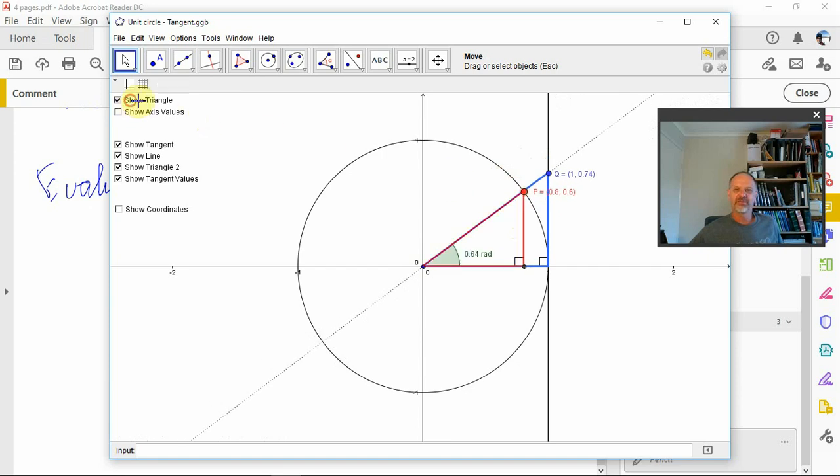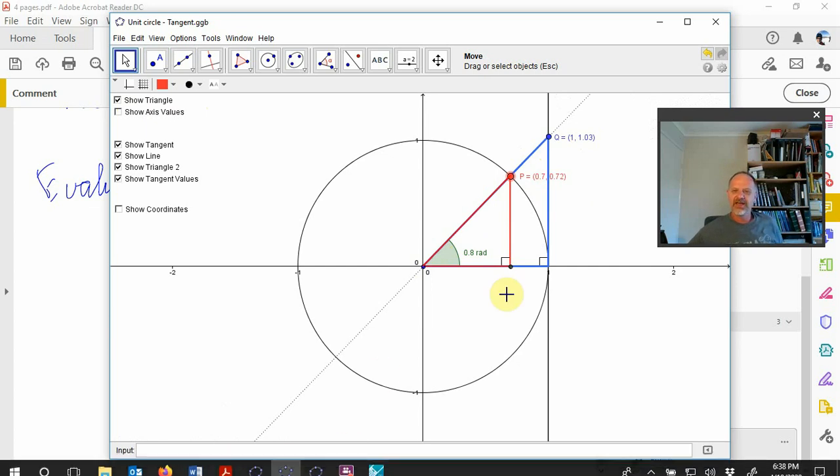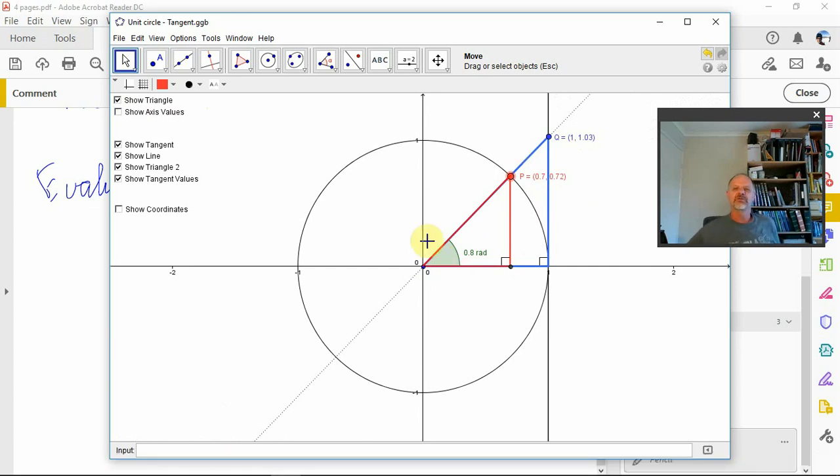And if I turn back my other triangle, you'll see now we've got two triangles. So it's the length of the tangent that we're interested in there for tan. Now, interesting, we've got two triangles here.